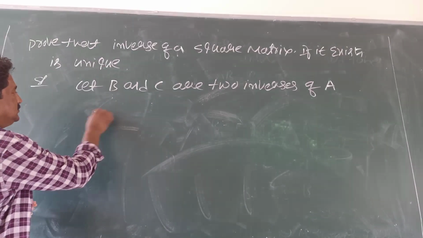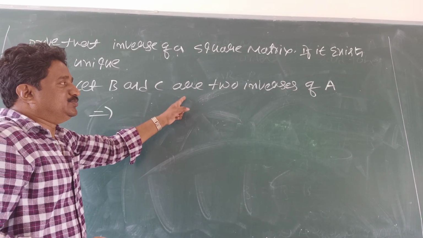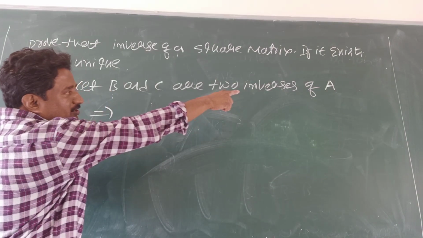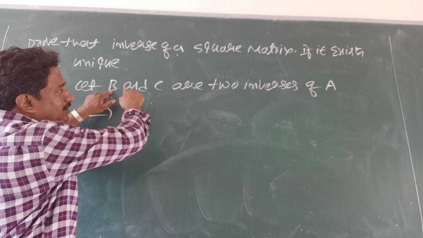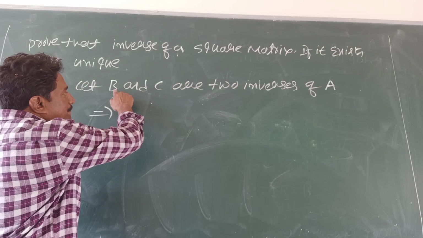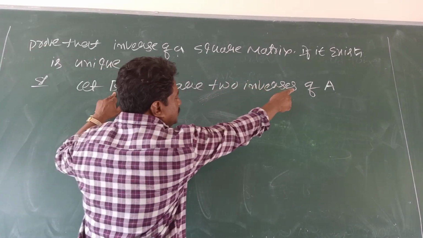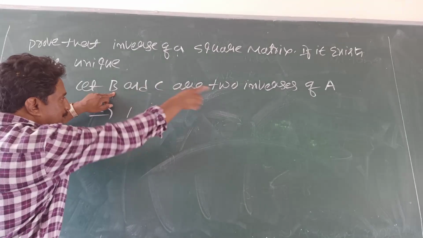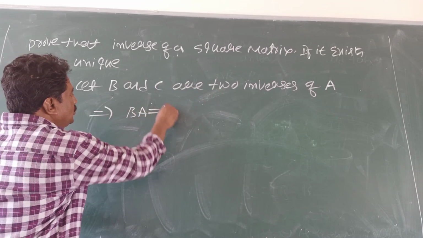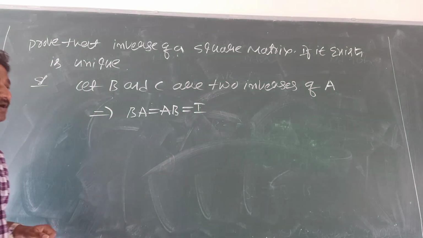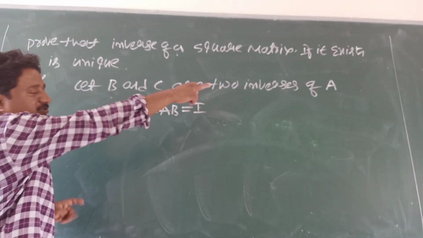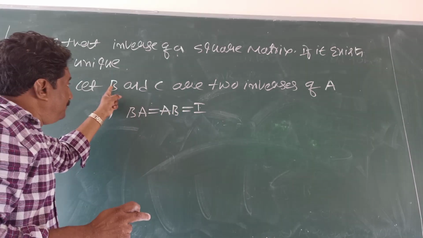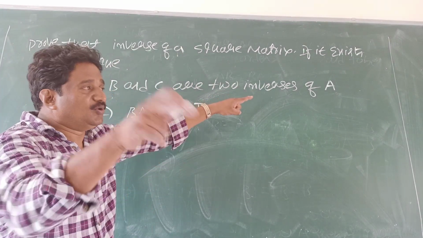Right? That implies, carefully observe, we are taking B as the inverse of A. According to the definition, since B is the inverse of A, BA = AB = I. Go through the definition carefully.